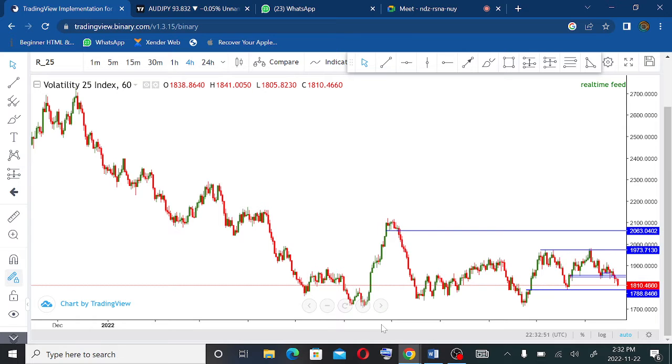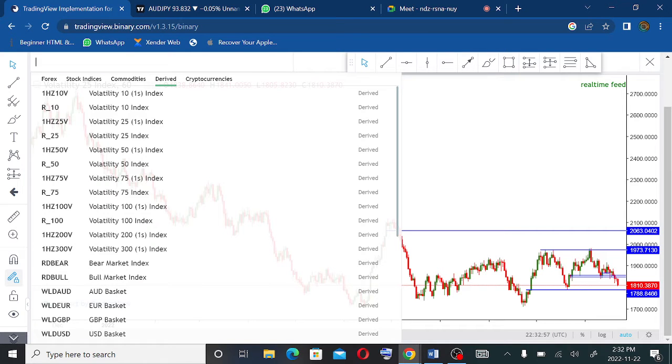But basically, what I want us to do this moment is look at the market and see possible entries or possible anticipation for the market direction for different pairs.